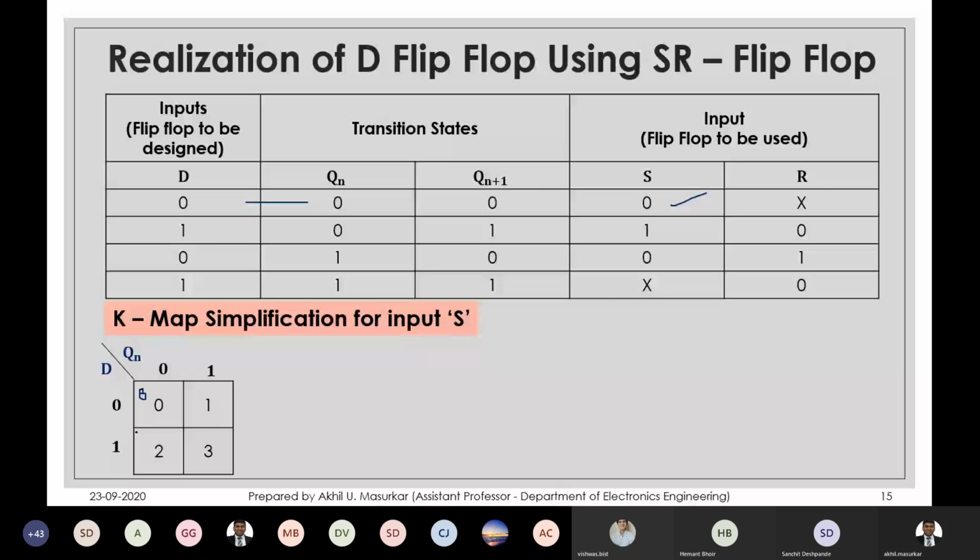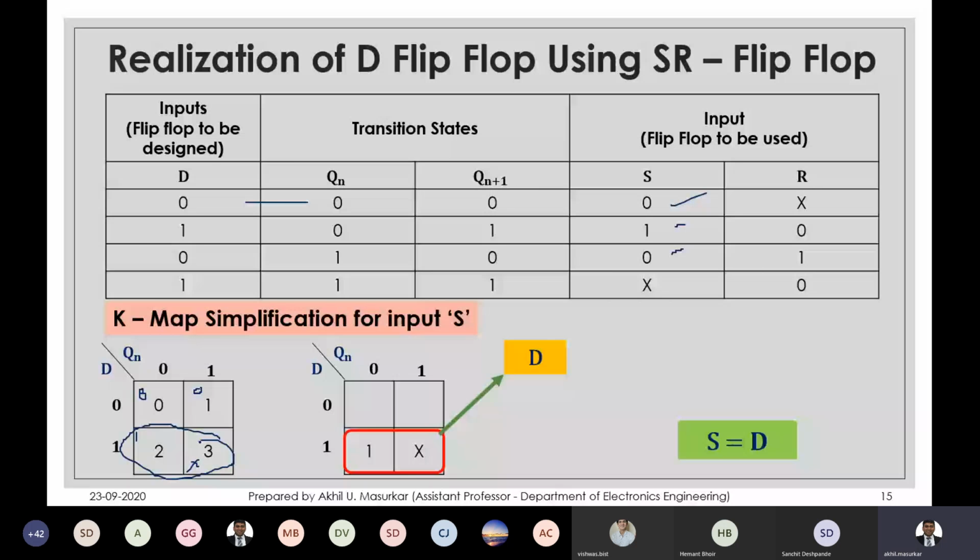And 1 1 S is don't care. Fine. So we get this. Then obviously we'll get a pair here. And that is B. That is absolutely correct. So S is equal to D.